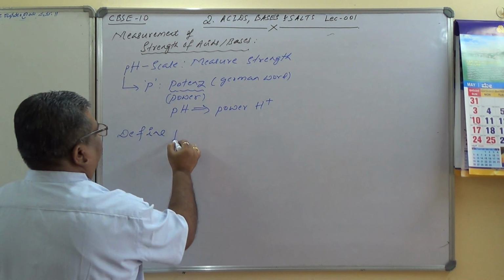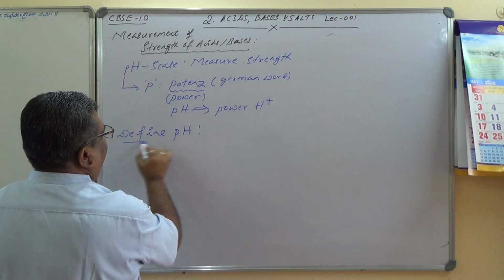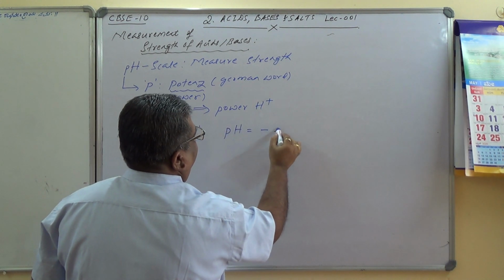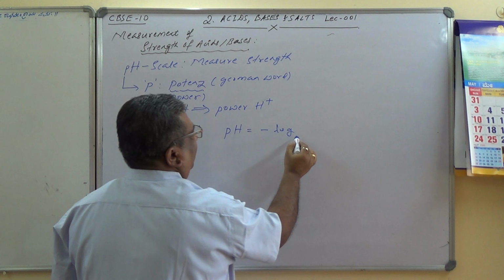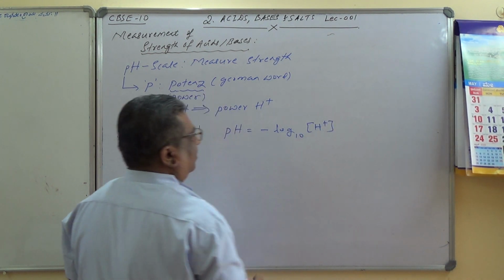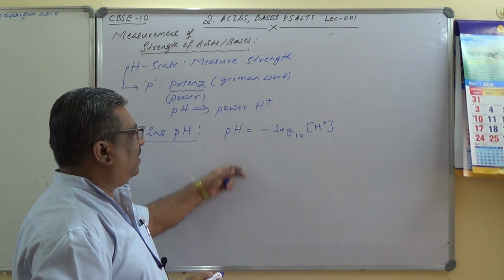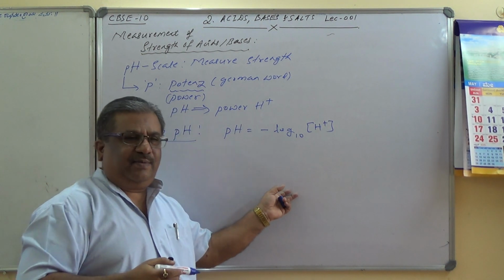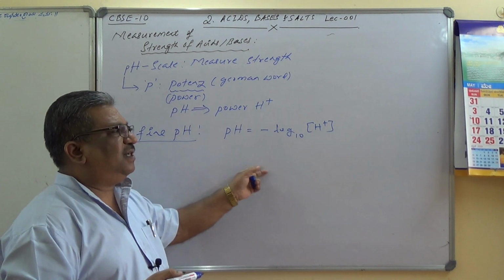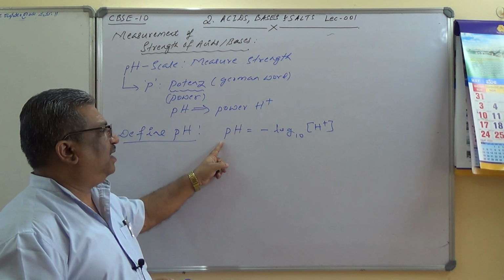Now define pH. How do you define pH? See, pH is defined as negative logarithm to the base 10 of H plus ion concentration. So anyway, logarithms have not been introduced to 10th standard. For the time being, you understand only the definition of this one. No need to go much in detail. So how do you define pH?